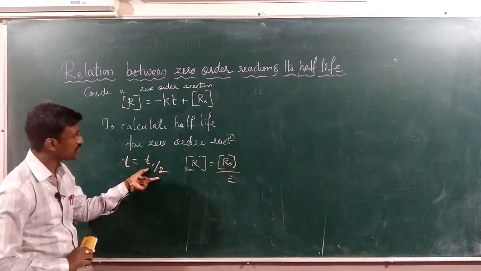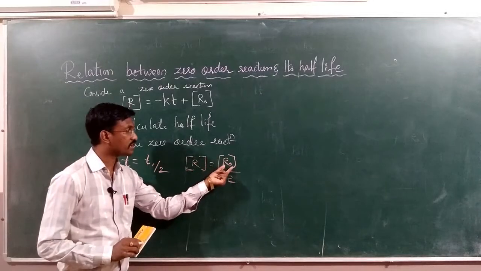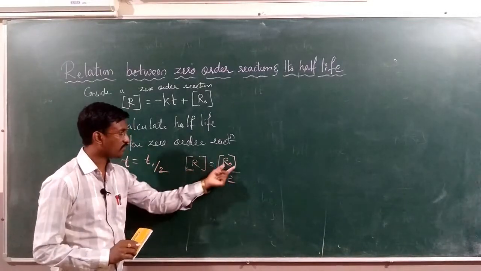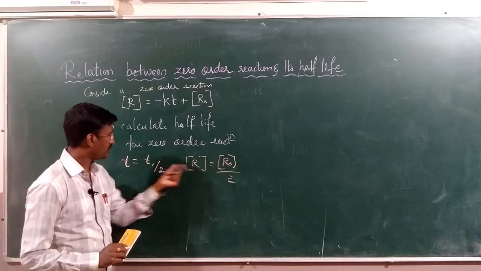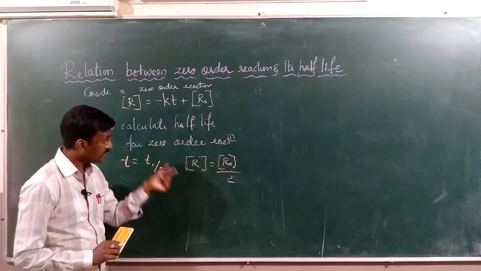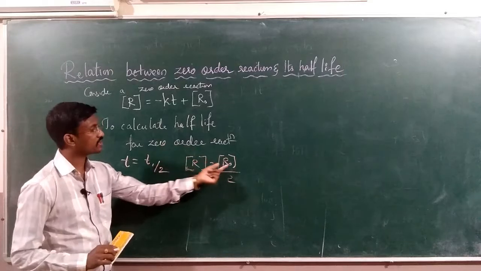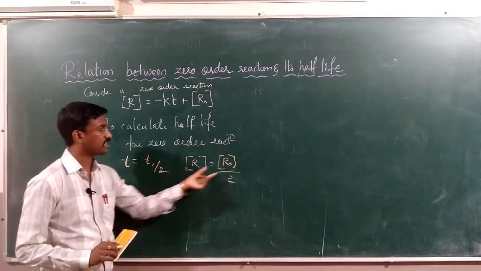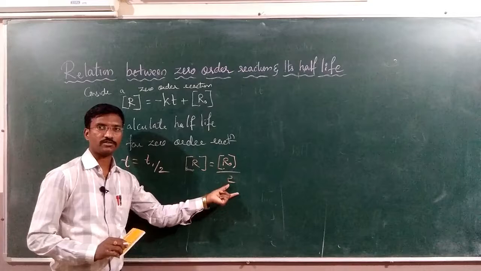Half-life is when the initial concentration is exactly reduced to half. At time t, the concentration of the reactant is R, and initially it is R naught. When t equals half-life, the concentration is half of the initial concentration.